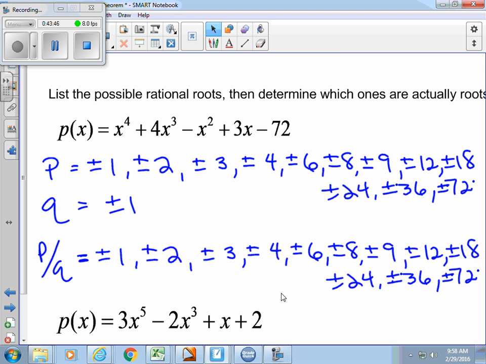Okay. How do I know which ones work? Table. Do that for me.